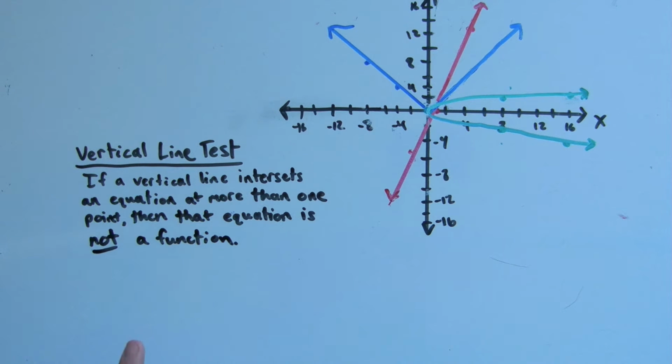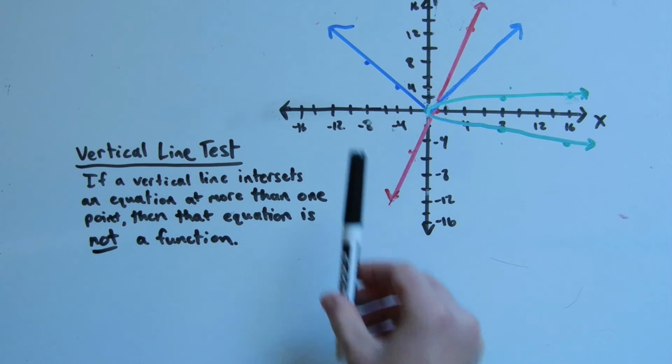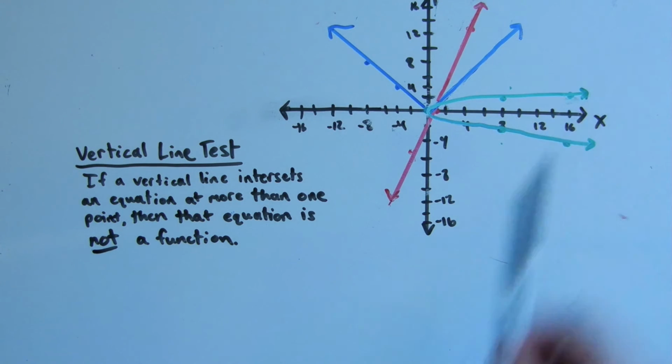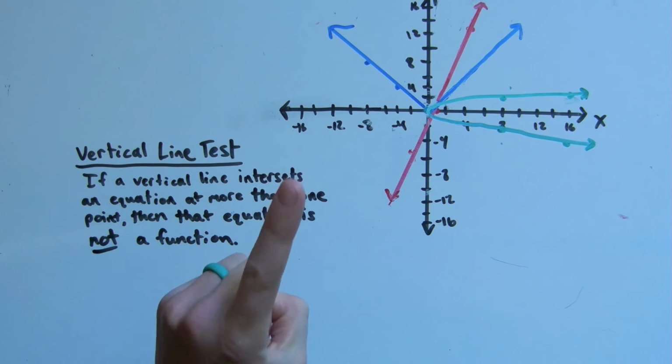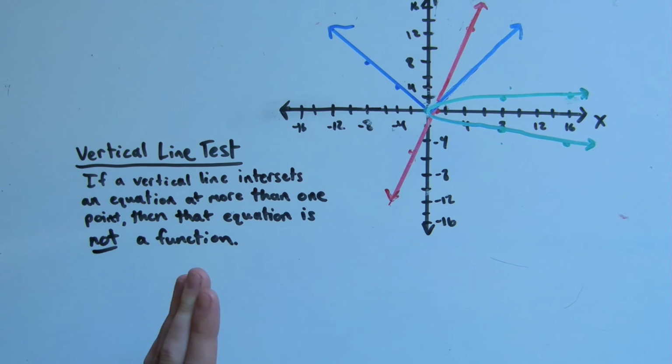If a vertical line intersects an equation at more than one point, then that equation is not a function. And that vertical line could be drawn absolutely anywhere along the coordinate system. So, for a function to pass the vertical line test, it can only intersect at one point or less than one point. Let's go ahead and draw a vertical line.